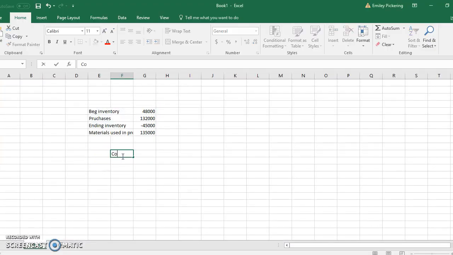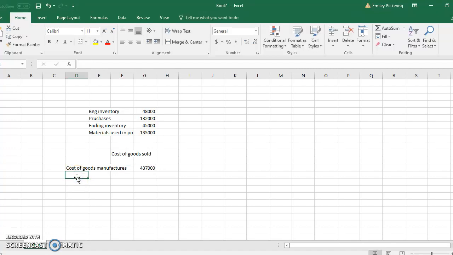So my cost of goods sold. The first thing I'm going to do is use my cost of goods manufactured. They said that was 437,000.